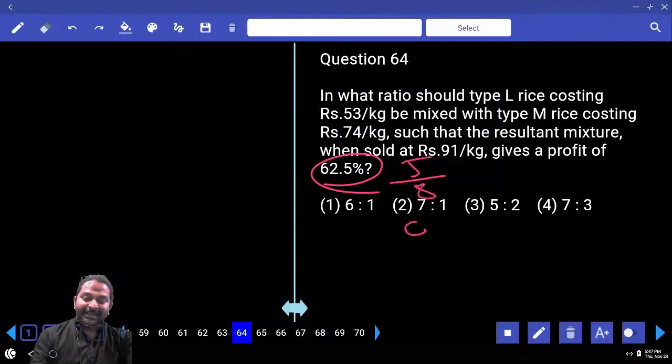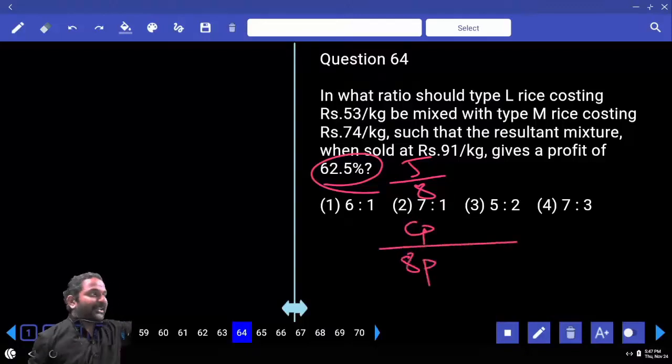So you must take your cost price as 8 parts only. Now the profit is 5/8 of cost price, which is 5 parts. Then how much is the selling price? Cost price is 8 parts, profit is 5/8, meaning 5 parts. So what is the selling price? 13 parts.